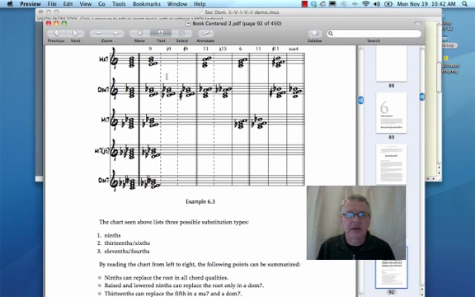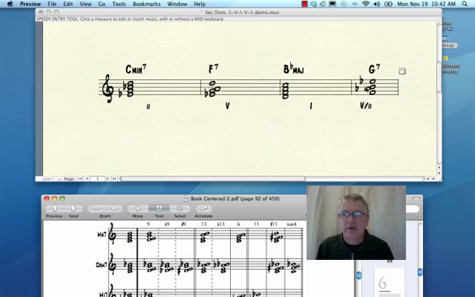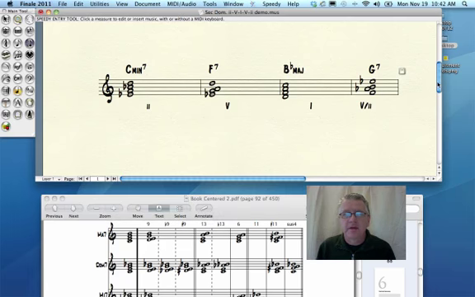I can use flat 9s on dominants. Notice I can also use sharp 9s. So I actually could change this. I'm not going to do it, but I could actually change this A flat into an A sharp. Okay? So now it sounds like this. On the B flat. Okay?